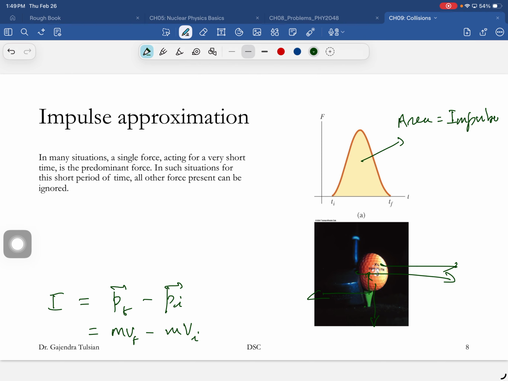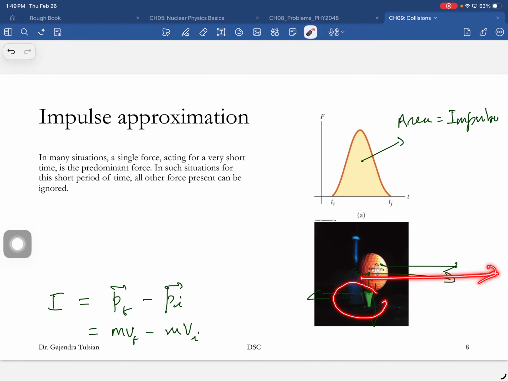All these three forces are negligible compared to this force. So while this force is acting, we can ignore all these other forces. That's what the impulse approximation is. In such situations, for this short period of time, all other forces can be ignored.